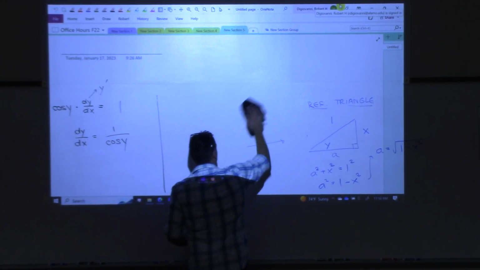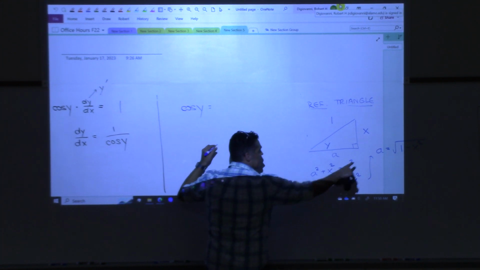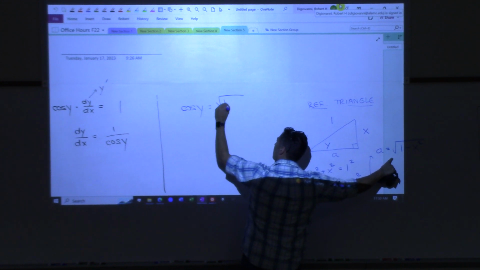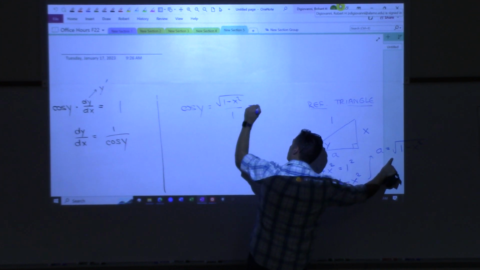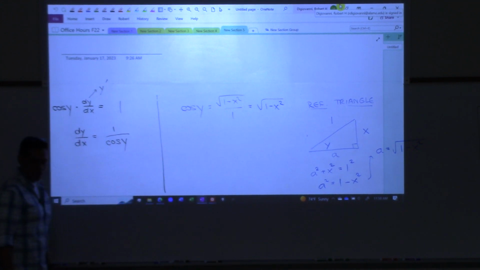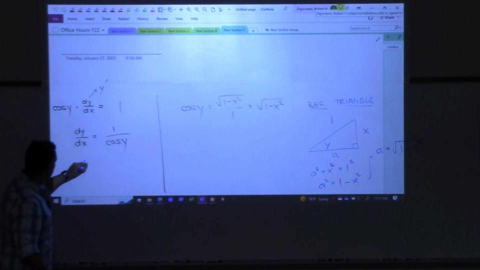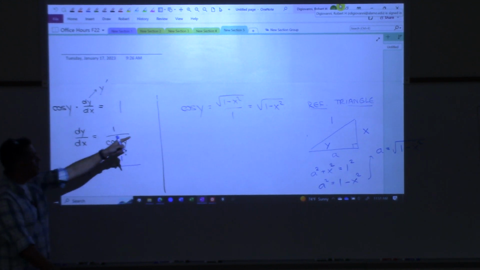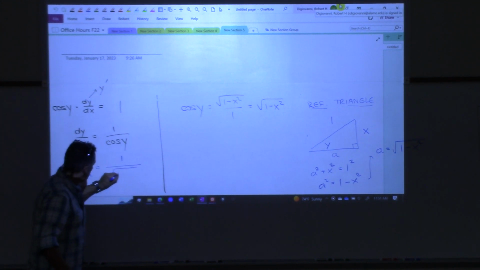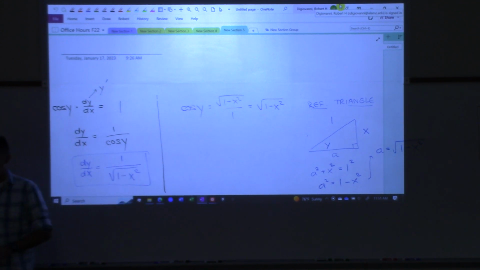So I'm at this point where I can say that cosine of y is this over 1, which is just itself, the square root of 1 minus x squared. That's what cosine of y is. And now I come back over here where I had the derivative, and I say, okay, my derivative is 1 over cosine y, which is 1 over the square root of 1 minus x squared. And that right there should be formula 19 that you see, right?